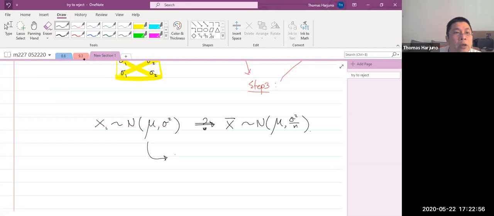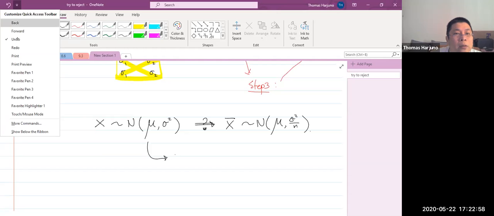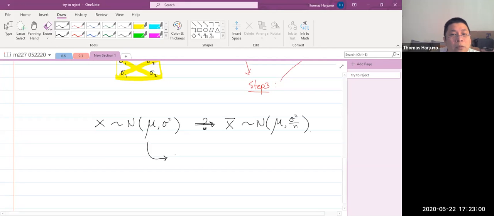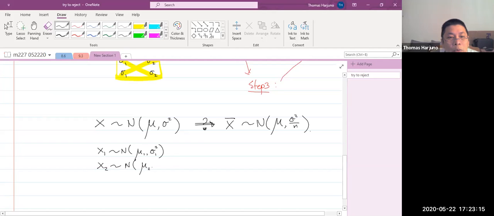Let me write it down. Let's say x1 is normally distributed with mean mu1 and variance sigma 1 squared, and x2 is normally distributed with mean mu2 and variance sigma 2 squared.